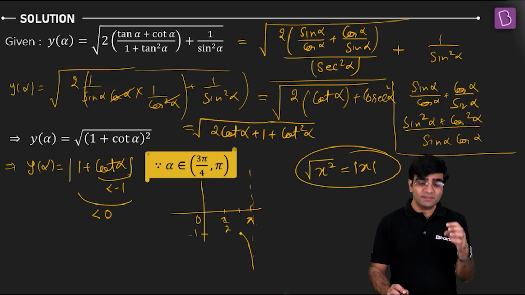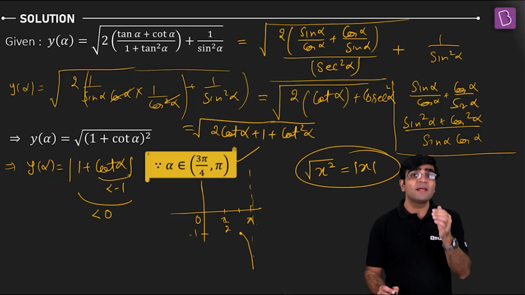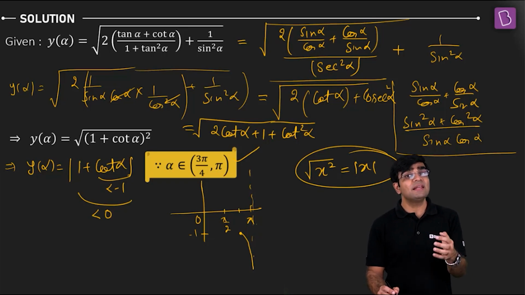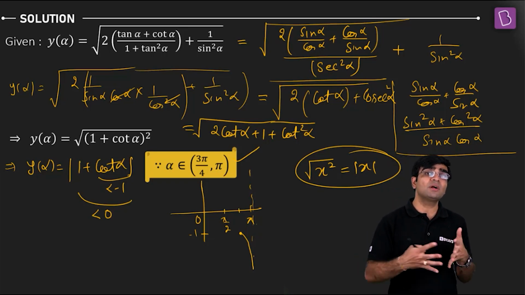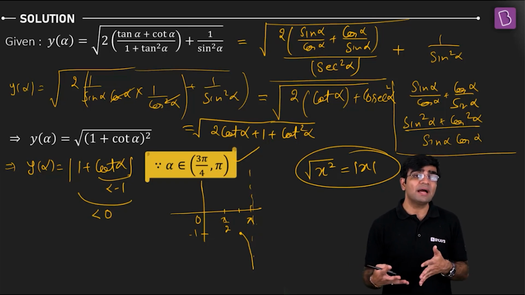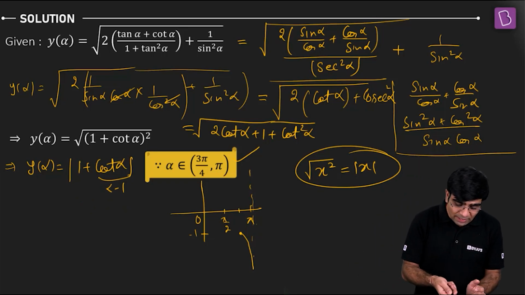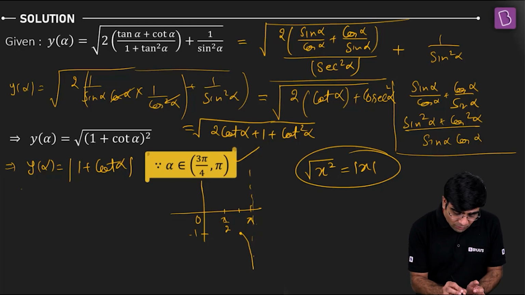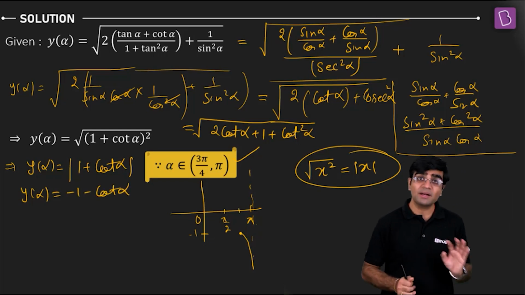Since in this particular defined interval cot alpha is less than -1, 1 plus cot alpha is less than 0. And if it is less than 0, then the modulus value of y alpha will open up with the negative sign. We get minus of 1 plus cot alpha. This is what my ultimate y alpha is.